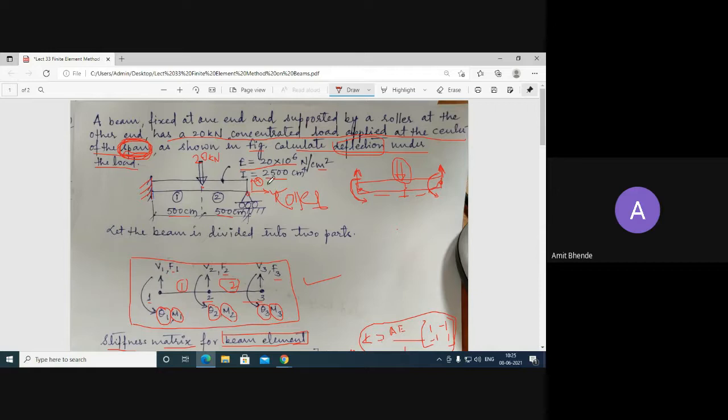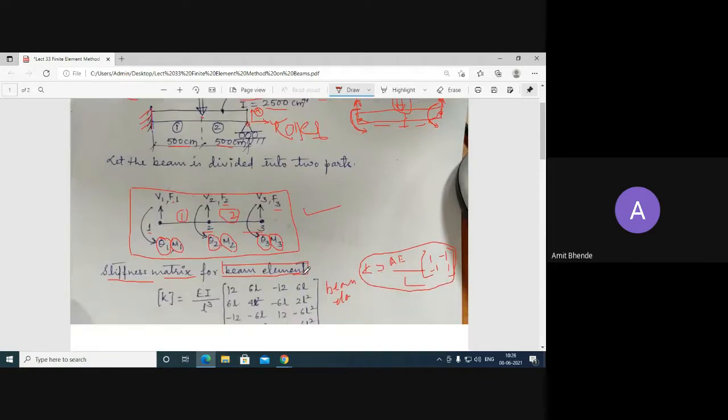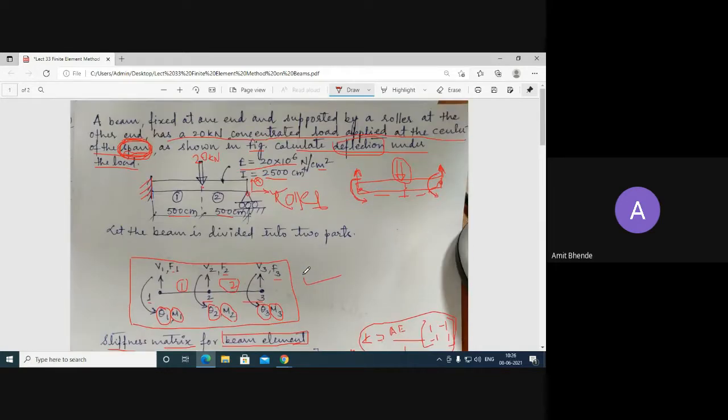Now in the problem, sometimes cross-sectional area will be given and sometimes moment of inertia will be given. If moment of inertia is given, then it is not a problem. But if the cross-sectional area is given, then you need to find out the moment of inertia from the cross-sectional area. By using a design data book, you can easily find out the moment of inertia of the beam.